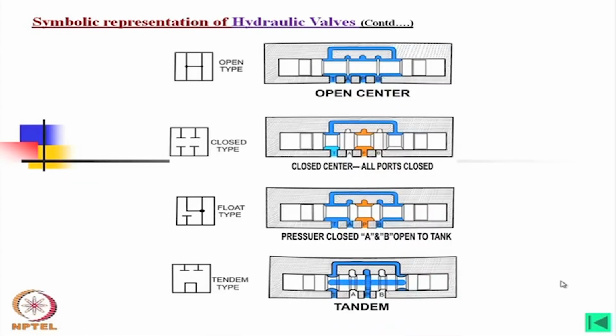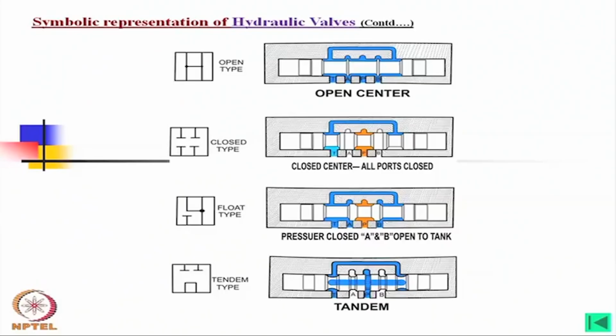if I put all together, then open center is useful for energy saving. That means, if we discharge the oil through the relief valve at pressurized conditions, too much heat will be generated.